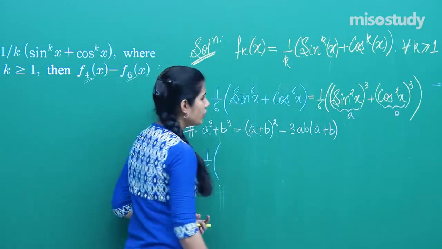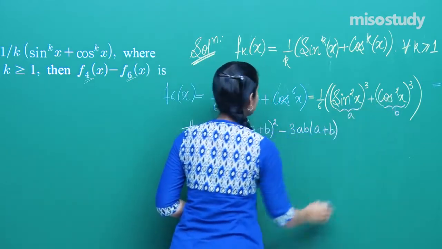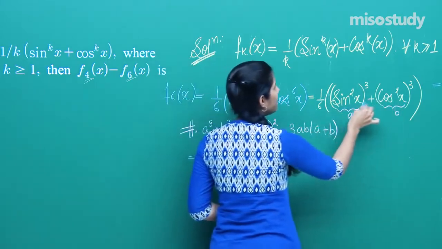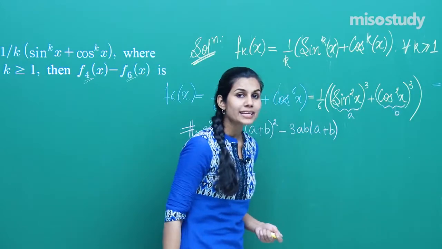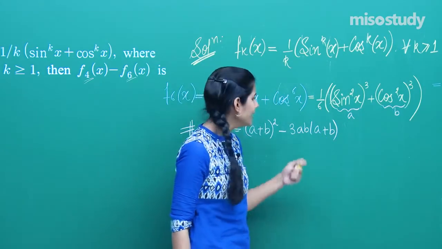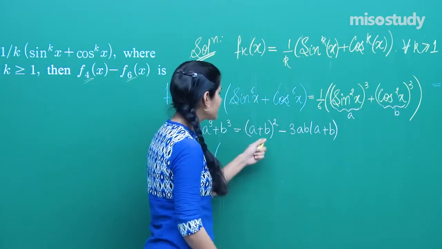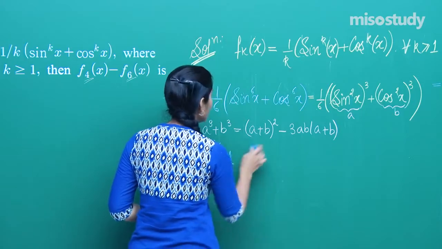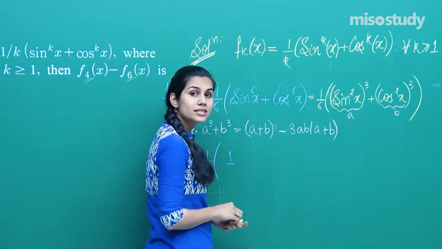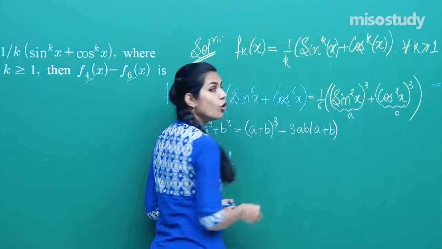1 by 6, that is already here, A cube plus B cube, which is A plus B, sine square x plus cos square x, which is 1. 1 cube, 1 square makes it just 1. Over here cube will come because this is the formula of (A plus B) whole cube.